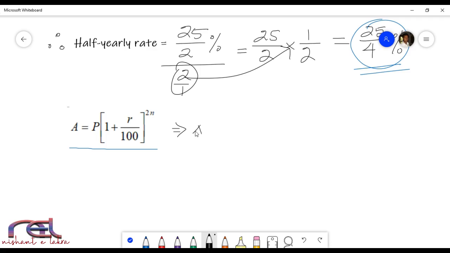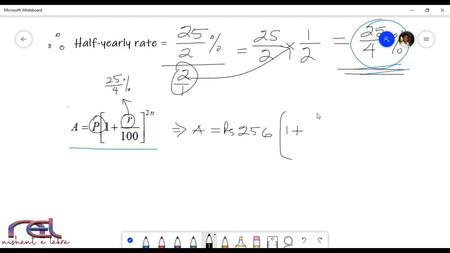Amount is equal to principal as given in the question, 256, 1 plus R by 100. Rate mentioned in the question is, we have found it as 25 by 4. Remember that it's half yearly rate.